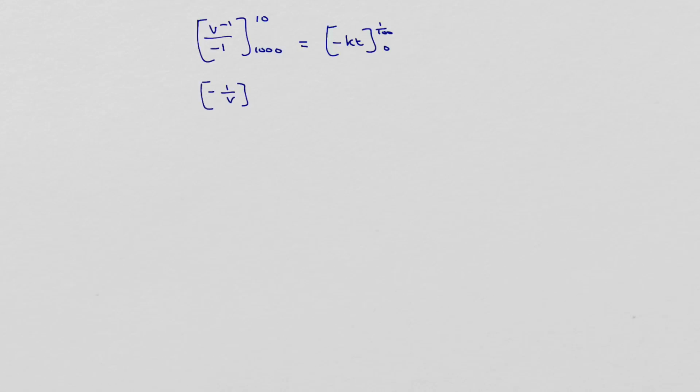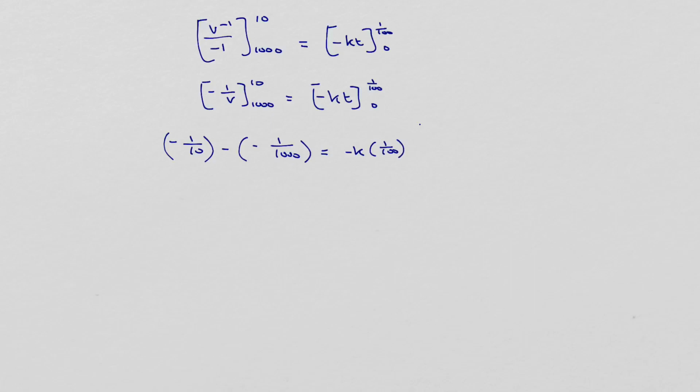So I just tidy that up before I sub in my limits. And then that's going to be minus kt between 1/100 and 0. Okay, so subbing in for v, and remembering that when you sub in your limits, it's the upper limit minus the lower limit, that's minus 1 over 10 minus minus 1 over 1,000 is equal to minus k times 1/100, and of course just minus 0.